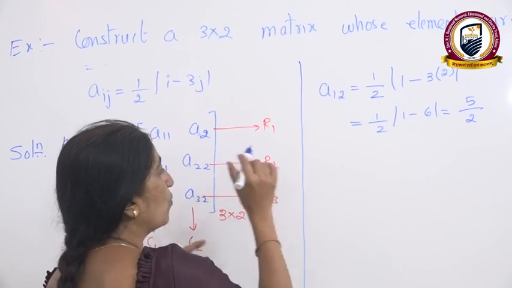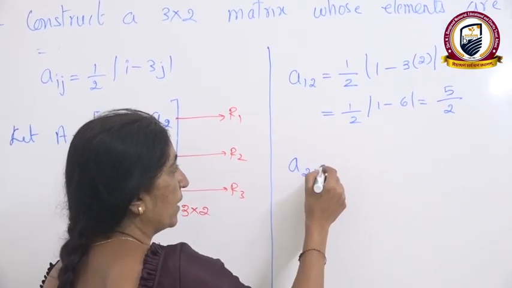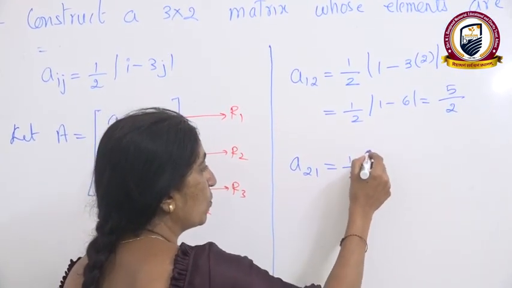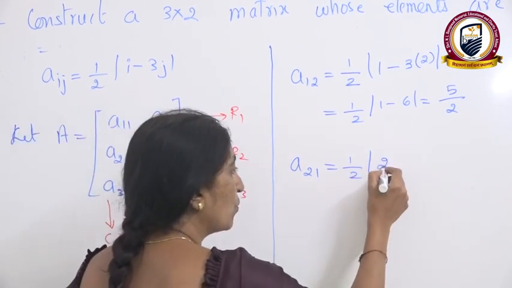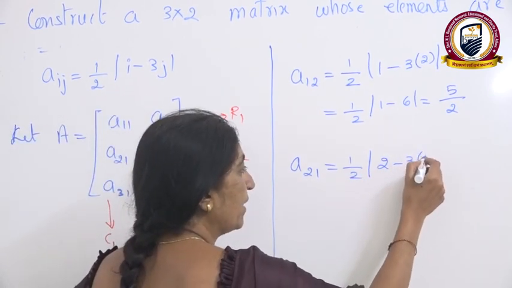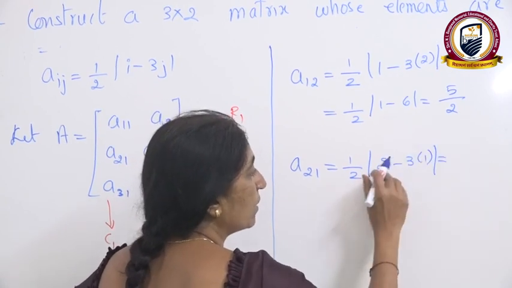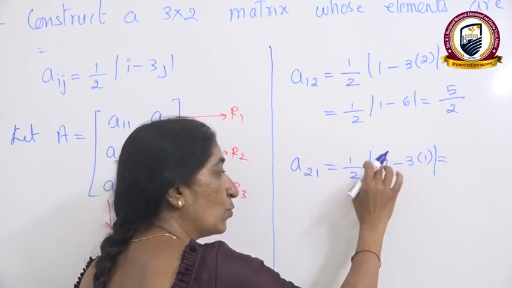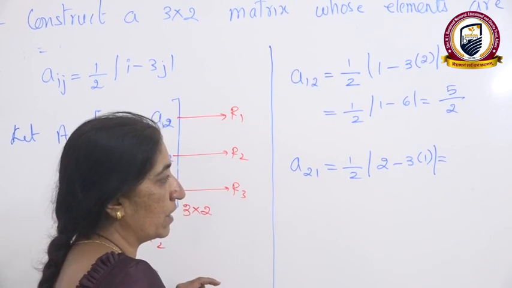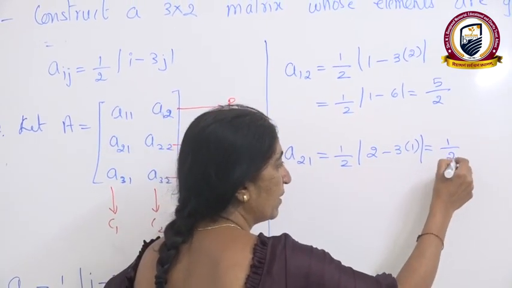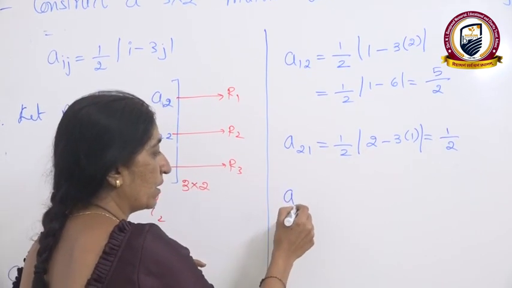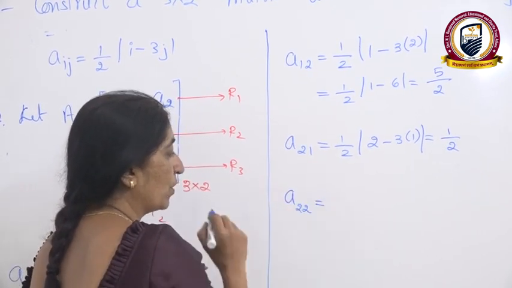Then A21. A21, it is 1 by 2 in the modulus, i is replaced by 2, j is replaced by 1. So what is 2 minus 3? 2 minus 3 will be minus 1, but because of modulus you are getting positive. So your answer will be 1 by 2. Then A22.